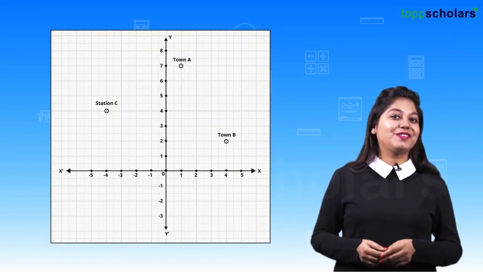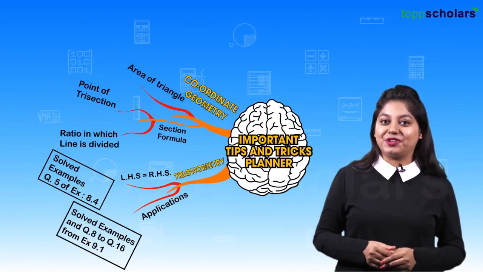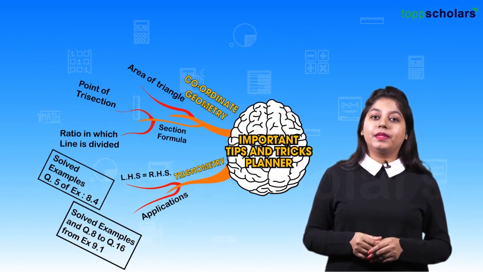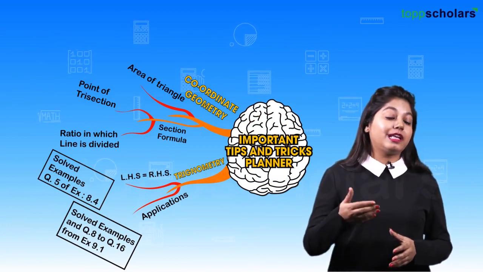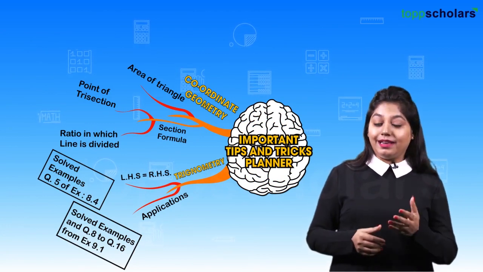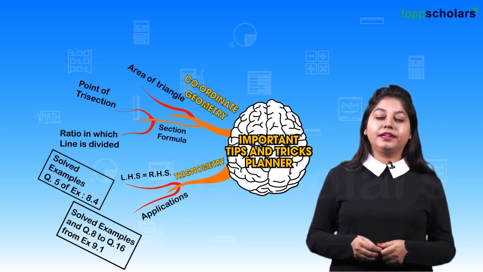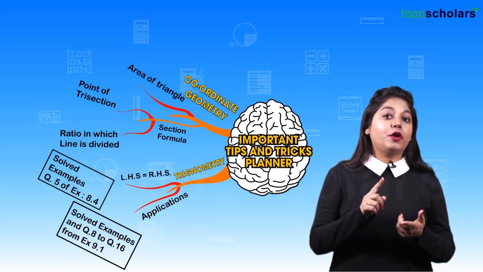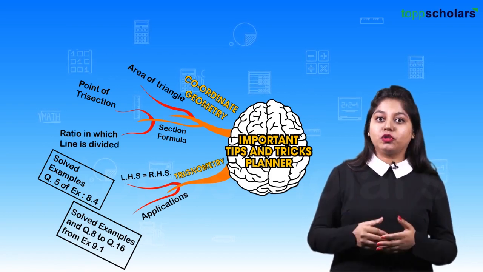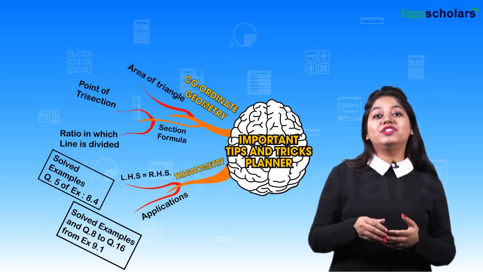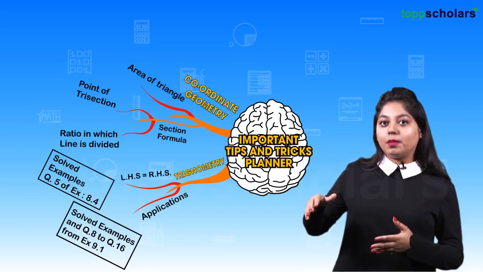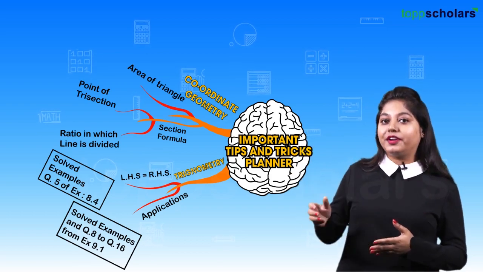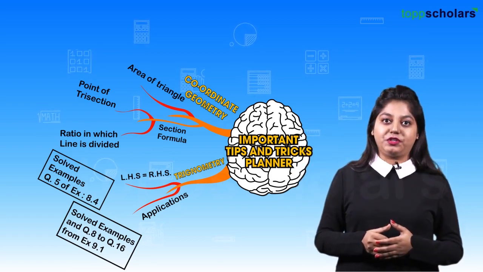That is, yes, you are correct, coordinate geometry. Coordinate geometry. In this particular topic, you need to study again subjective type of questions, like finding the area of triangle, like finding the point of trisection, and also finding the point which divides a line in a particular ratio. This was all about the topic of trigonometry as well as coordinate geometry.